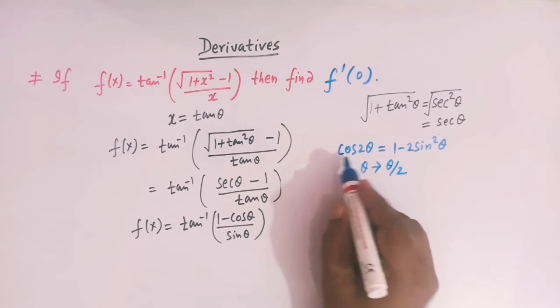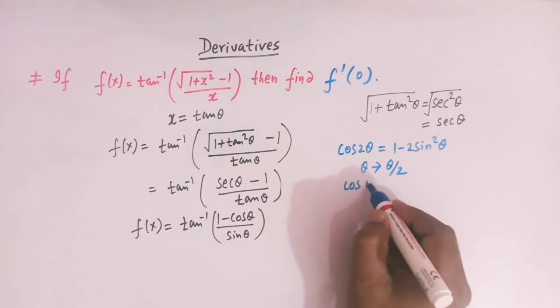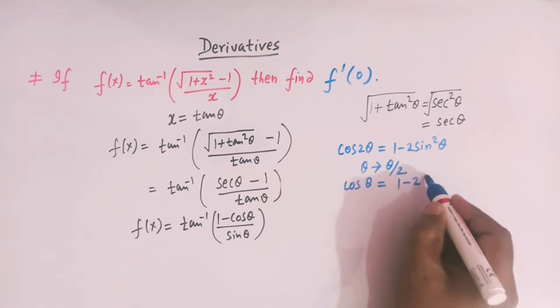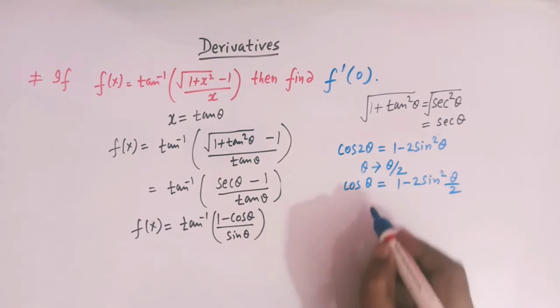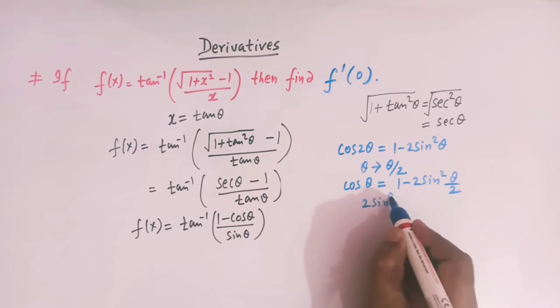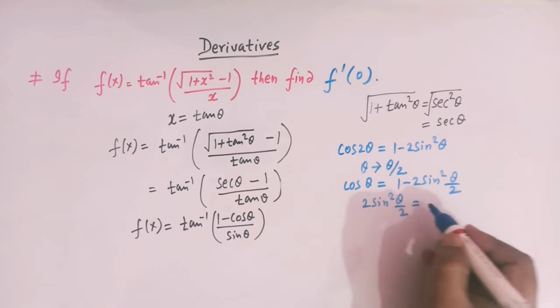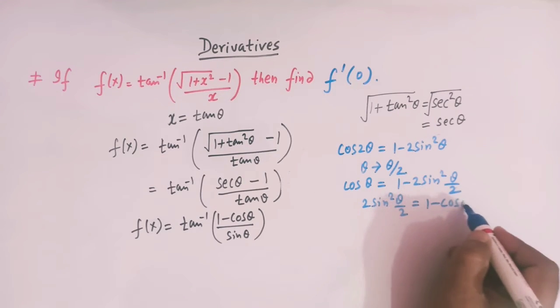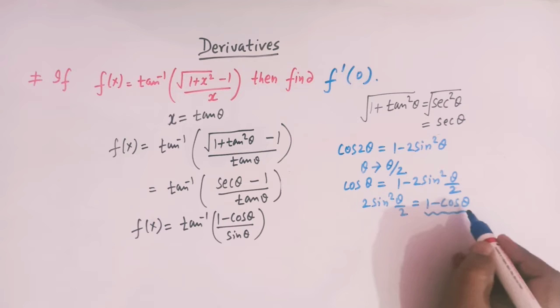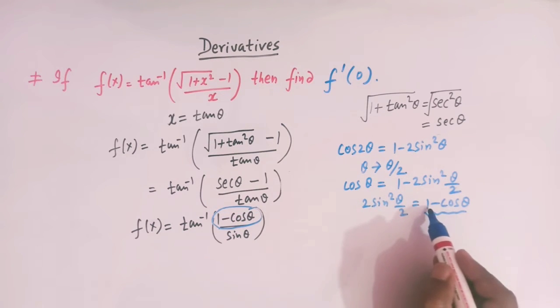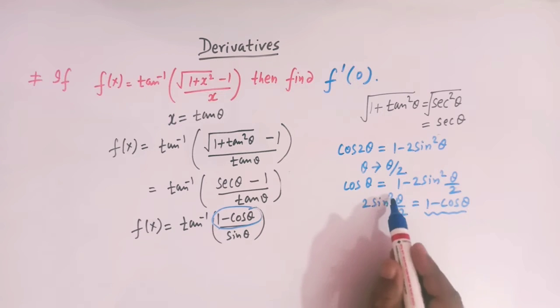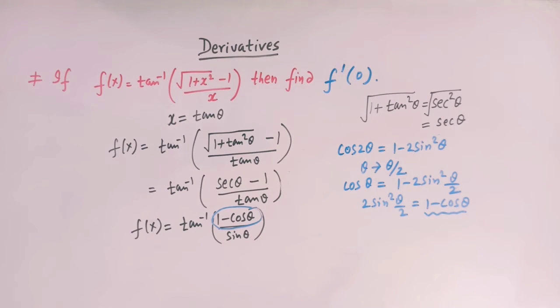So we get cos theta is equal to 1 minus 2 sine square theta over 2, so 2 sine square theta over 2 is equal to 1 minus cosine theta. So we'll replace 1 minus cos theta by 2 sine square theta over 2.